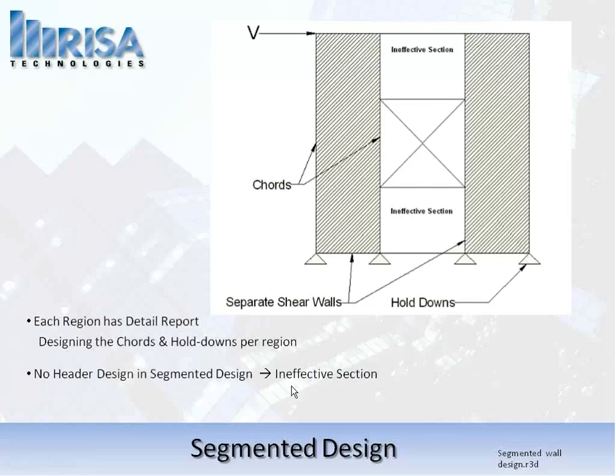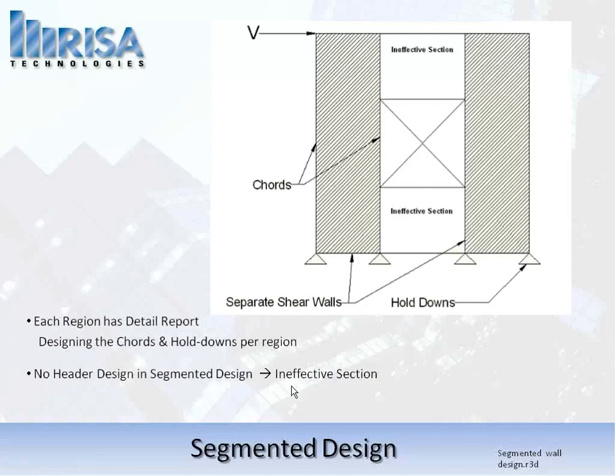Okay, so let's jump back into my PowerPoint for a second and talk about the header design. Header design is not being done inside of a segmented wall, and the reason is that on top of that opening is an ineffective section. Because that's ineffective, it would be hard for us to do a header design there, because there are no real shear loads, and the loads are being moved to the side of that ineffective section.